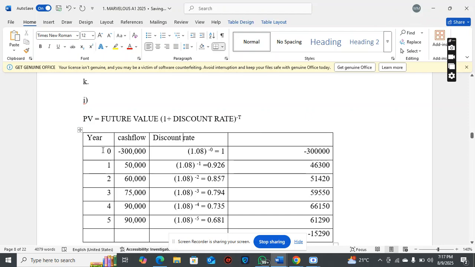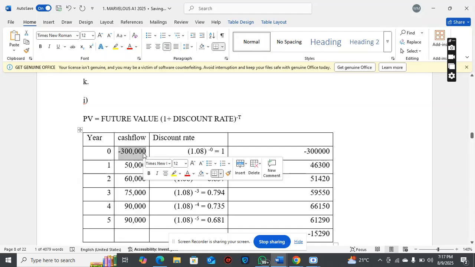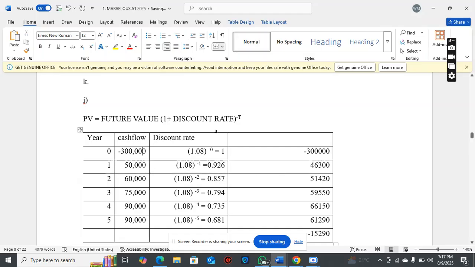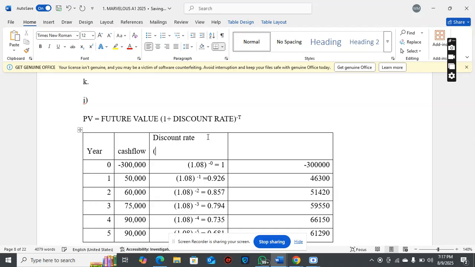So we start at year 0, the first day of year 1, we purchase this machine, negative 300,000. Our discount rate, since it's 1 plus 8%, the interest rate is 0.08, that's how we've got this 1.08.